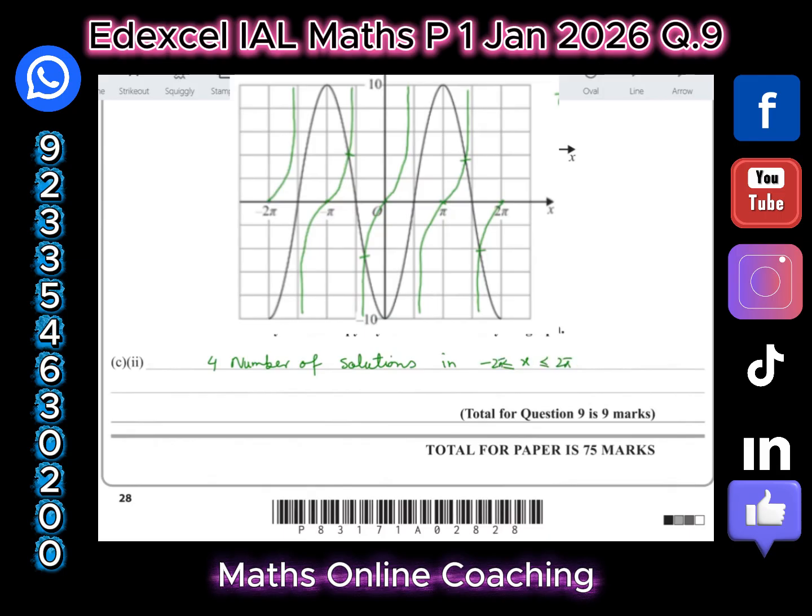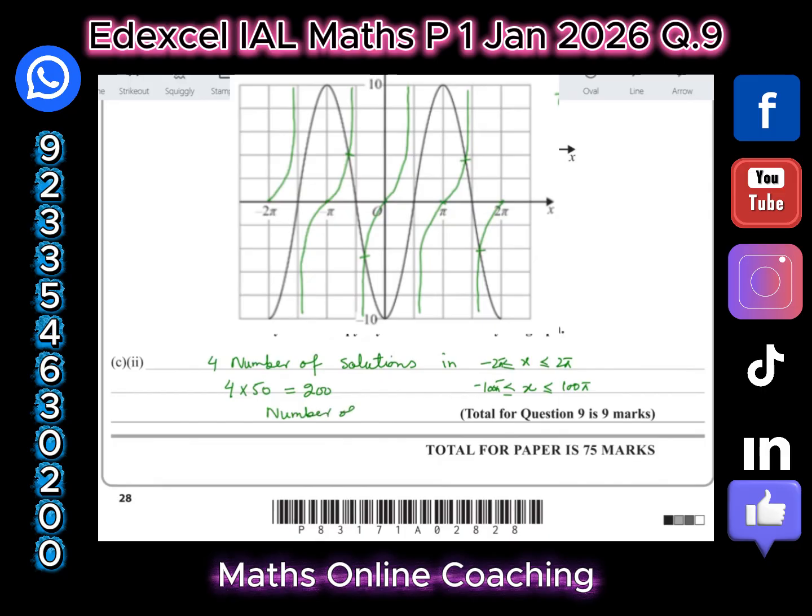But we want to take the solutions within the interval minus 100 pi to 100 pi. So to take the solutions in this interval, we have to multiply 4 with 50, which gives 200 solutions. So the final answer is 200.